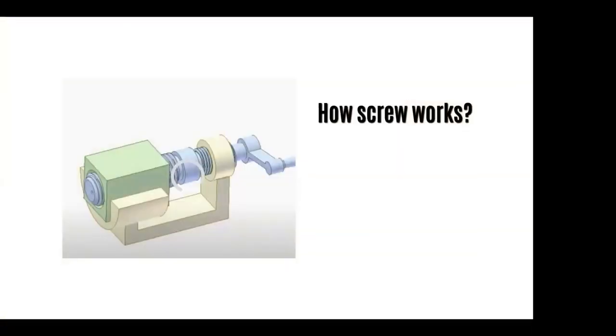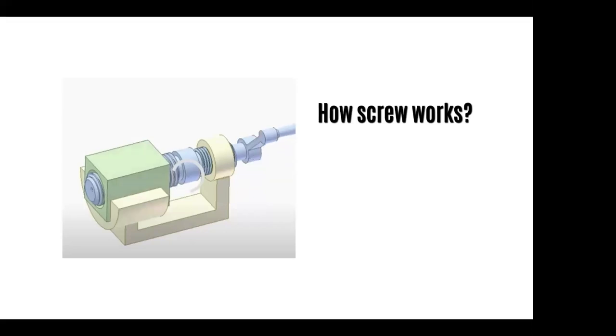Let me start my presentation. Today's topic is about screw. What is screw? How's it different from nails? Both go into an object like wood or any metal, but screw works a little differently from nails, I guess, because it's got threads on the surface.